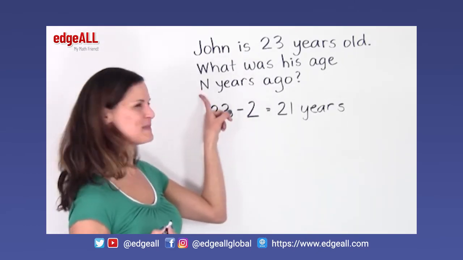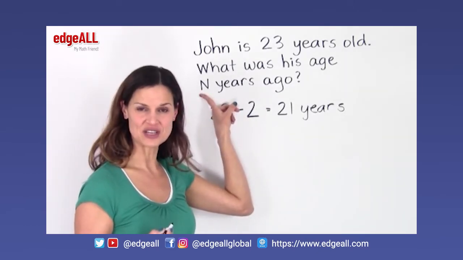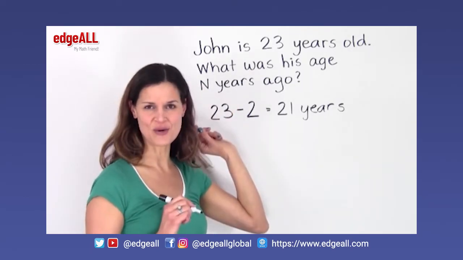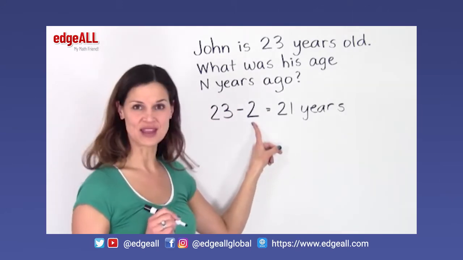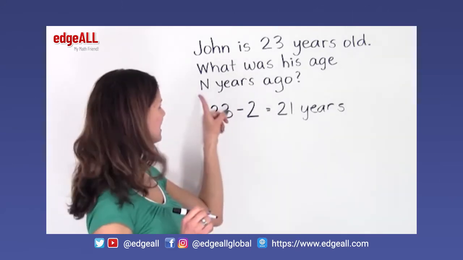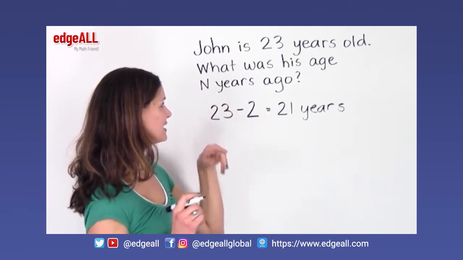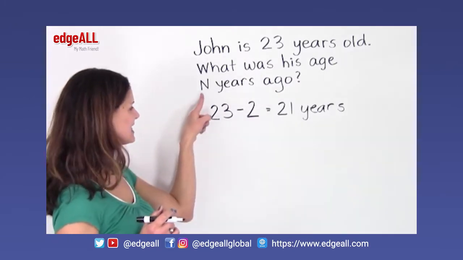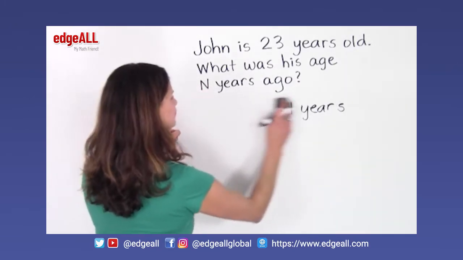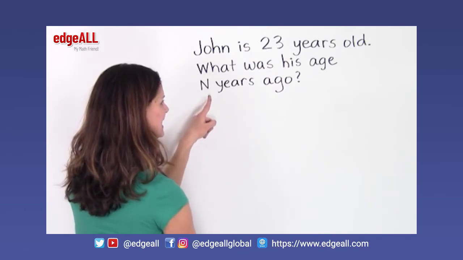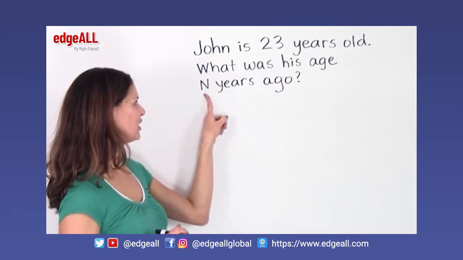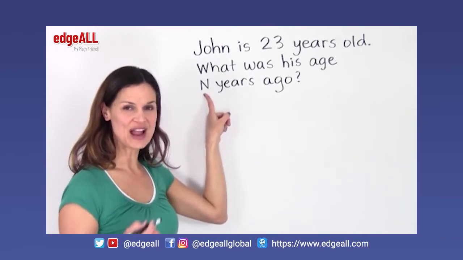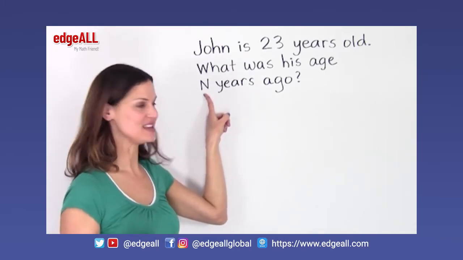But what does it mean in this kind of a question when I say, how old was John n years ago? I don't know the exact number that I want to subtract here. I want to know how old he was n years ago. How many years ago? So it means in this example that the symbol n is our variable that is going to represent a number of years, any number of years.